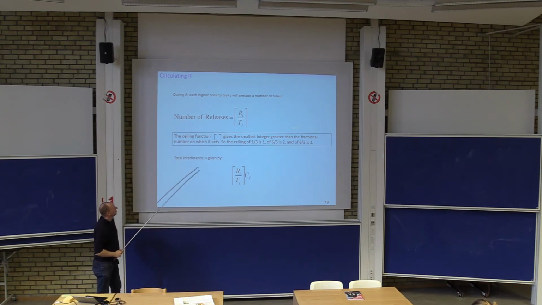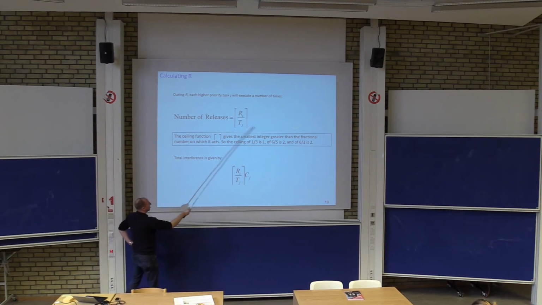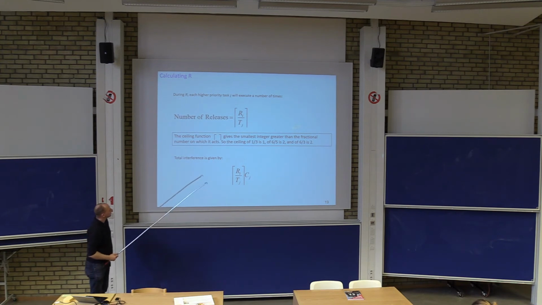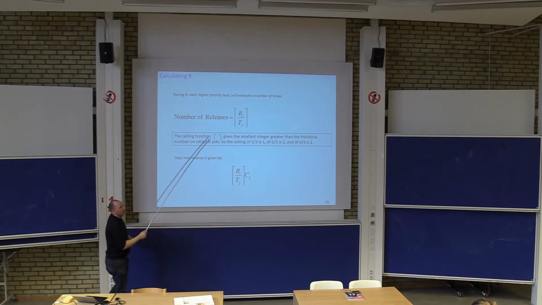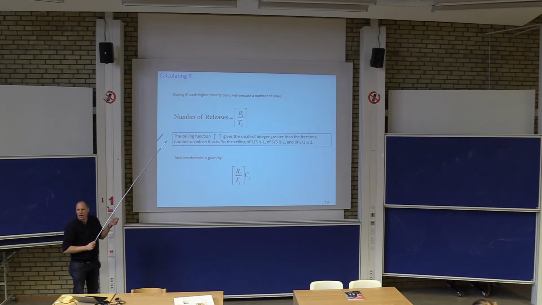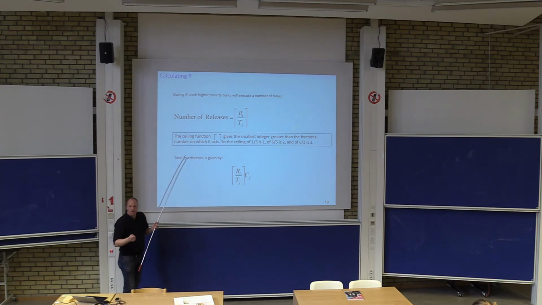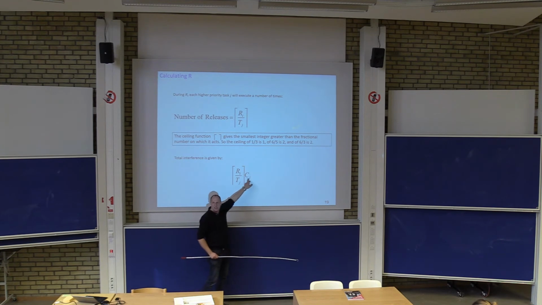So the ceiling of 1/3 is 1, let's say. So this number here will be the number of releases of task J while executing task I. Right? And every time task J would like to execute, it will take Cj amount of time.